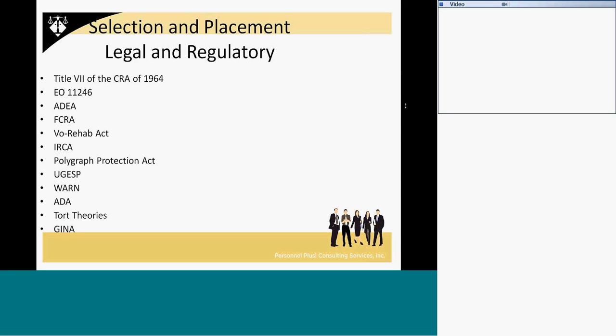So if you are a federal contractor, Executive Order 11246, which is administered by an agency known as the Office of Federal Contract Compliance Programs, has additional requirements over and above those that are expected of other employers.